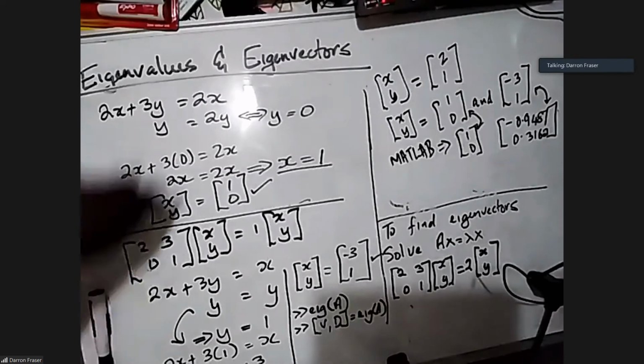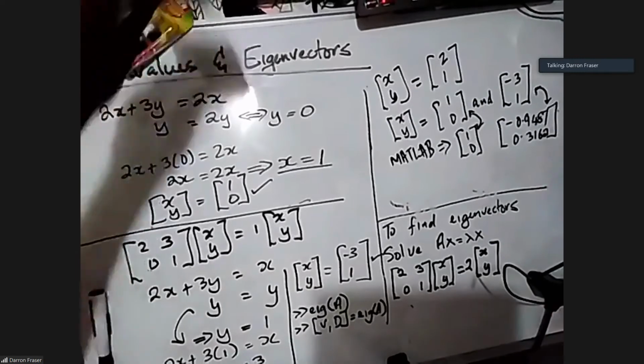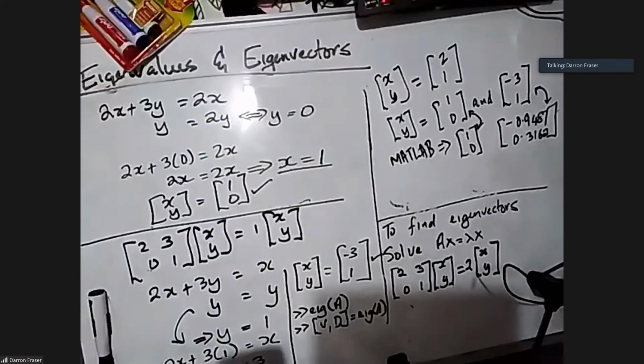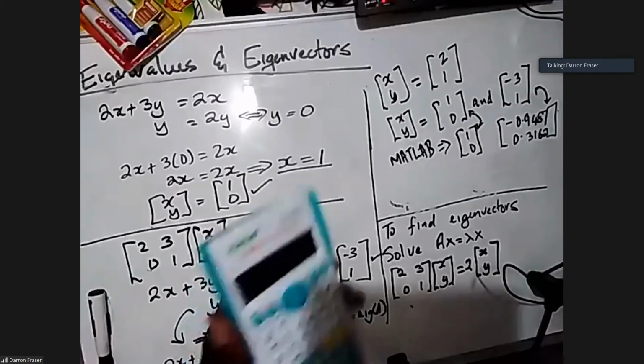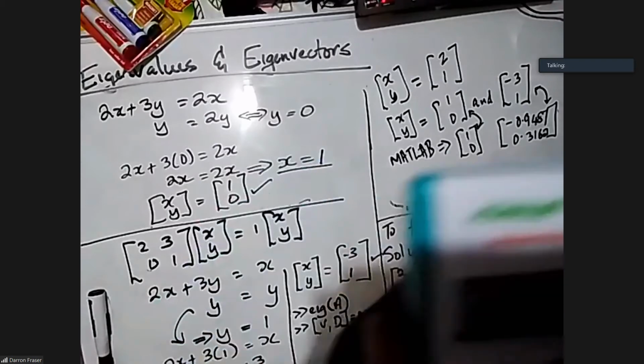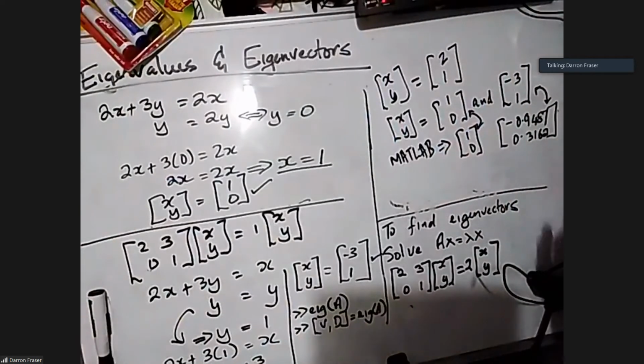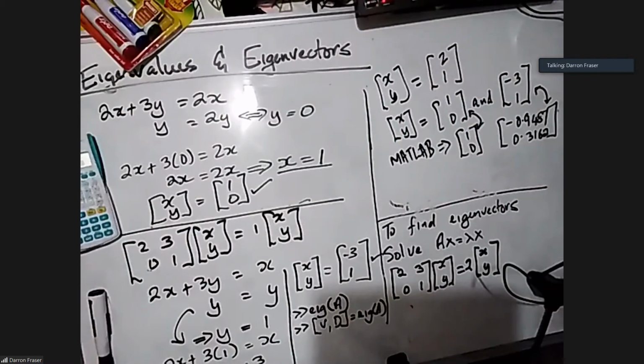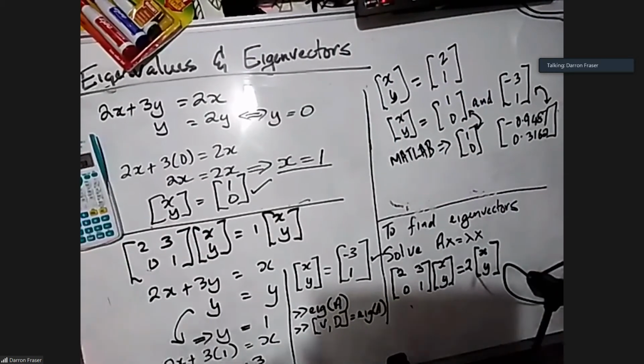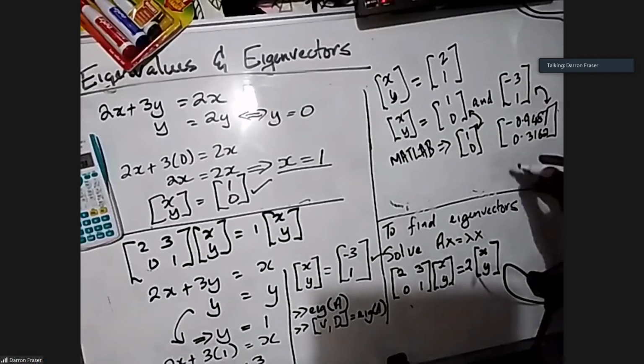So they divide, so that 3 is divided by the square root of 10, and I get the same 0.9487. This answer is called normalized.